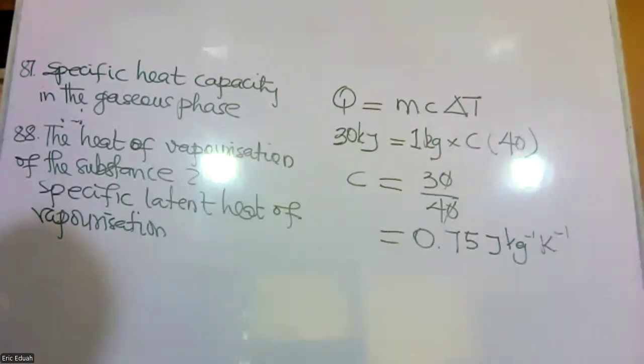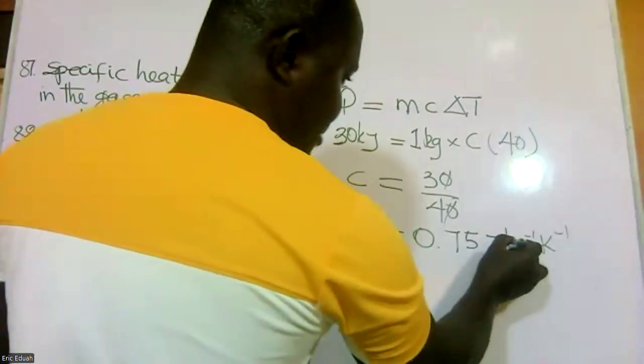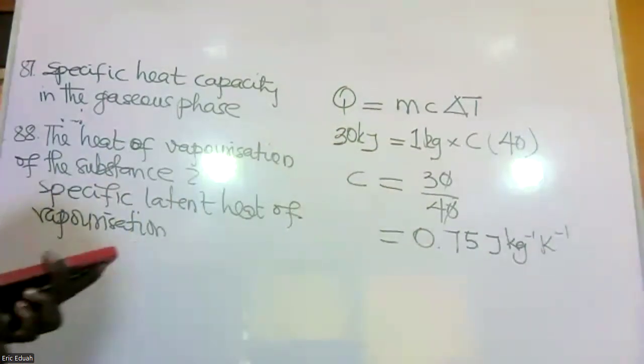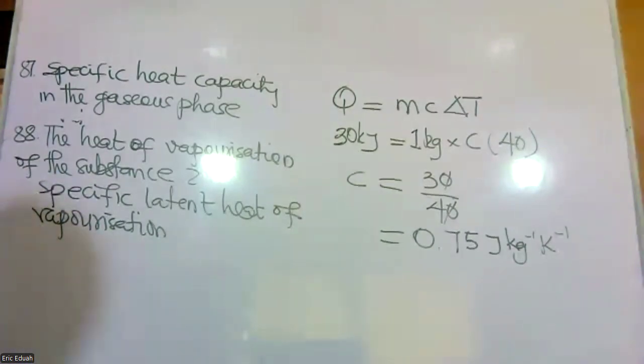The question is saying 87, the specific heat capacity of the substance in the gaseous phase. Okay, thank you. Julian, are you okay? Yes, sir. Priscilla, are you okay? And Mamiya? Yes, sir. Then the next question, 88.